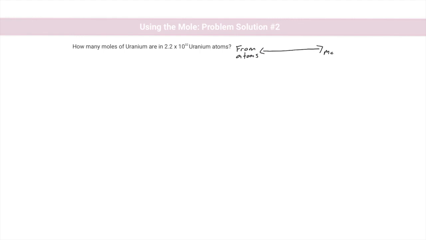So this is the opposite of what we did last time in problem number 1. Since it's just the opposite, we're using the same conversion factor, just in reverse. 6.022 times 10 to the 23rd atoms of uranium equals 1 mole of uranium.